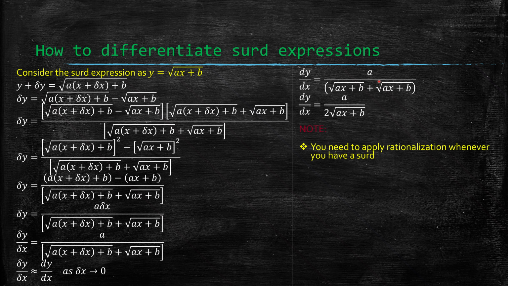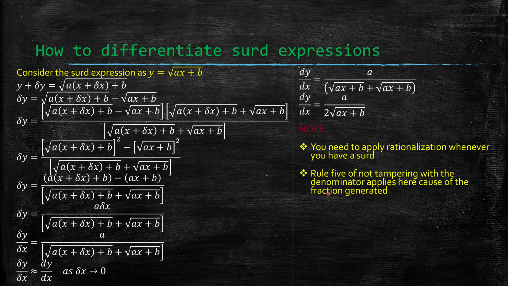But let us note some few information here, that you need to apply rationalizing whenever you have a surd. Wherever you realize that there is a surd and you are going to differentiate from first principles and you're using the rationalization method, always know that rationalizing is important, although we shall need to know when.